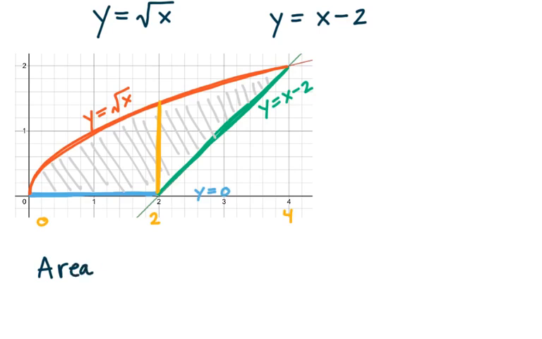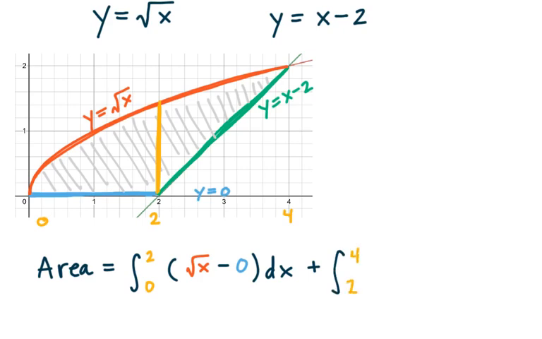The area is going to equal the integral from 0 to 2 of square root of x minus 0 dx plus the integral from 2 to 4 of my upper function, square root of x, minus my lower function, x minus 2.